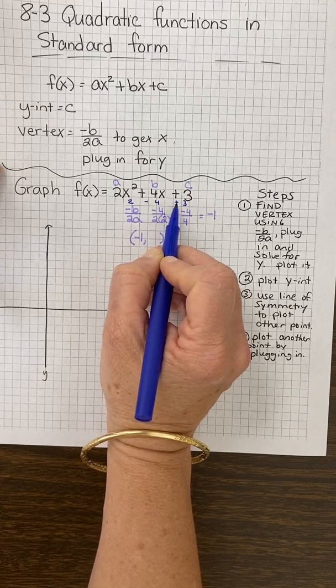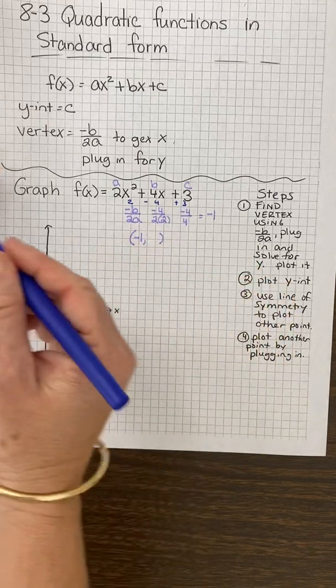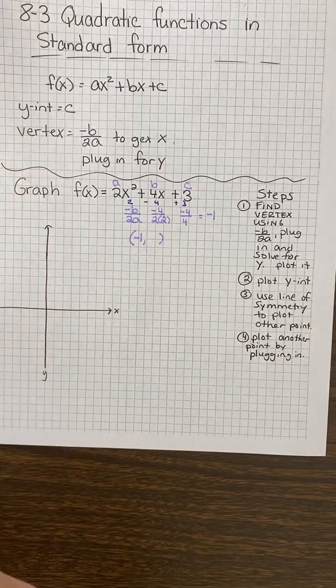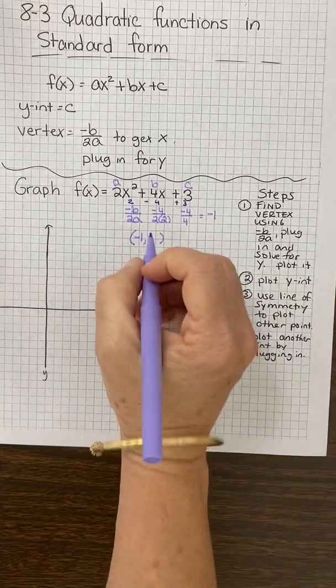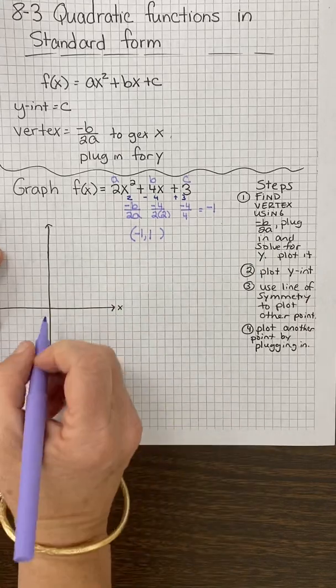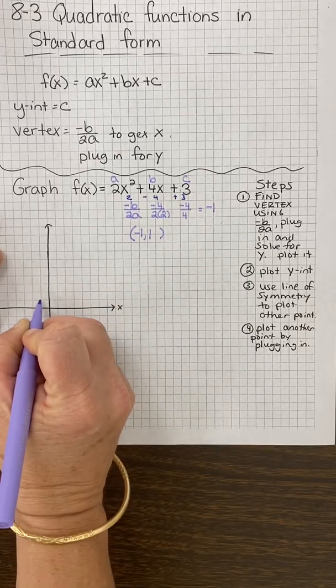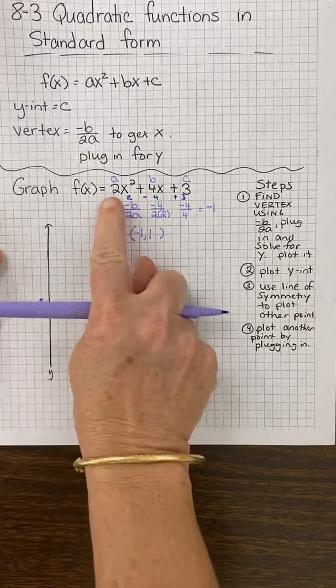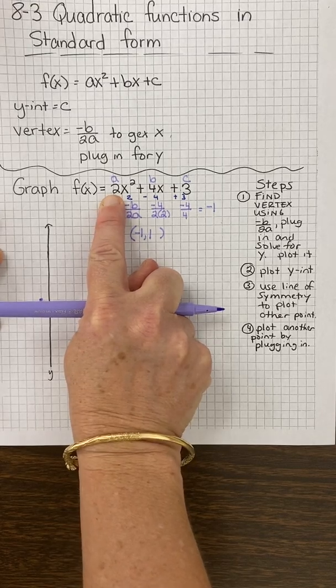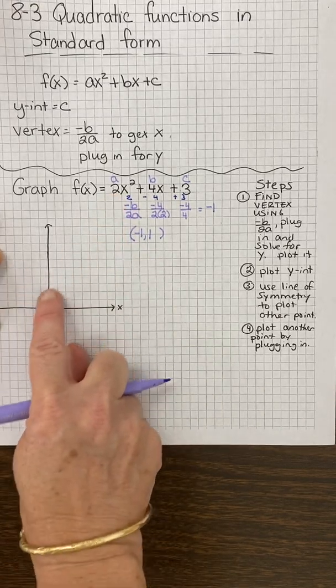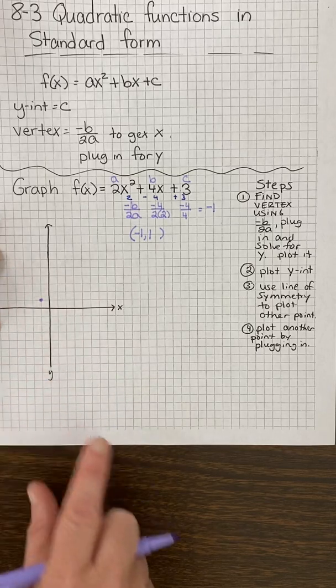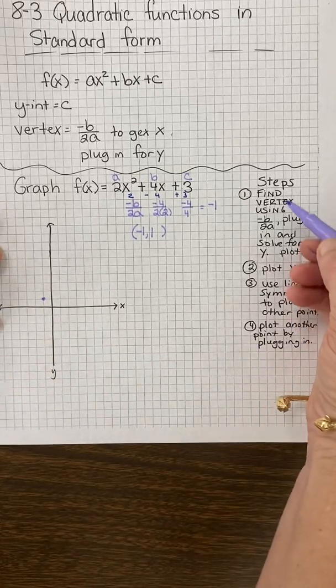Negative 2 plus 3 is 1. So my vertex is negative 1, 1. I also know by looking here that it's going to be a smiley face, so my picture should go up like that. Okay. So that is the vertex.